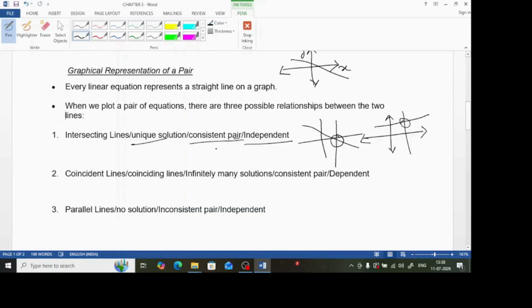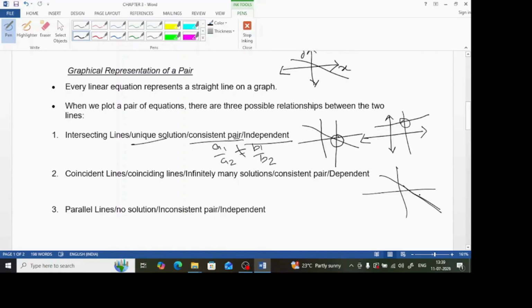Here a1 upon a2 is not equal to b1 upon b2. When two lines are intersecting, in that case a1 upon a2 is not equal to b1 upon b2. Coincident lines, coinciding lines: infinitely many solutions, consistent pair and dependent. In that case, this is the graph. If we plot these two lines, for coincident lines we will get a line overlapping on each other.